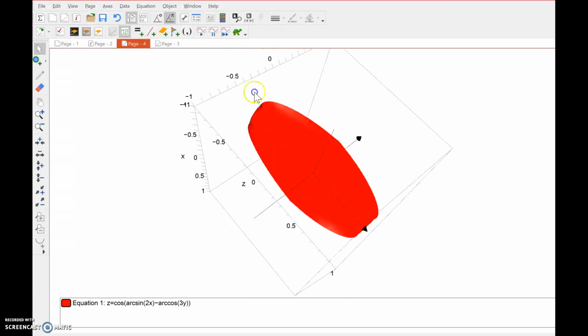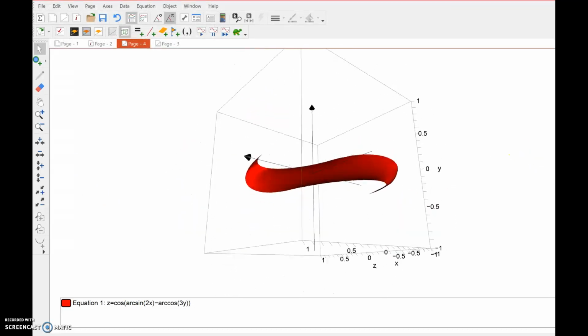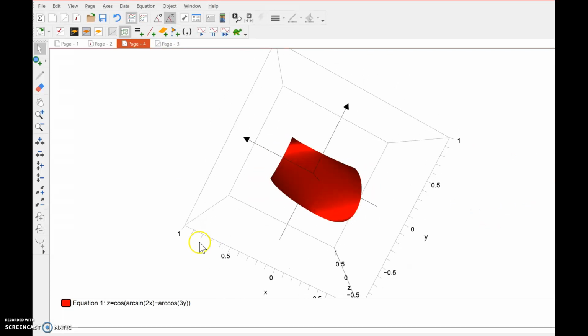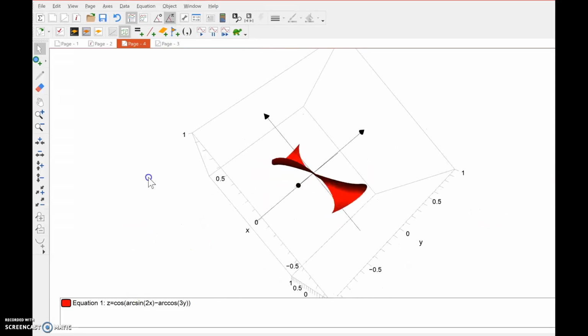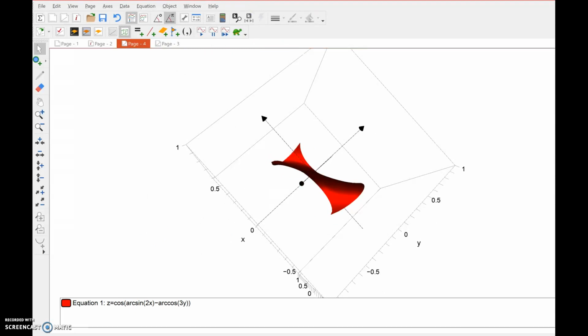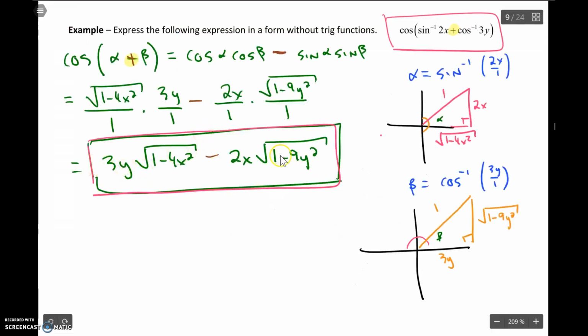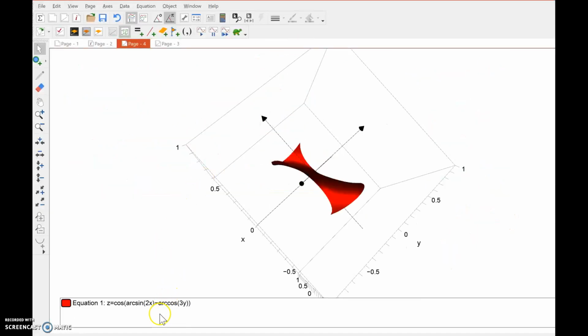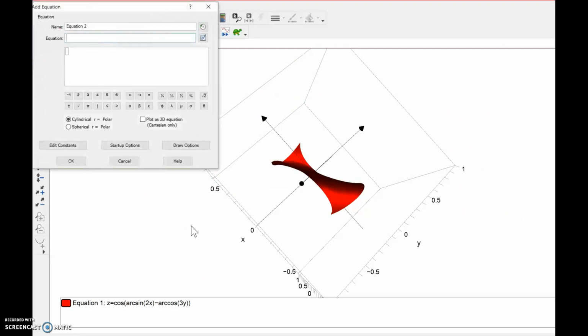It's kind of weird, kind of cool. It's curvy, right? And then when I graph this other expression, z equals this, I should get the exact same curve. That tells me that it's the same for all combinations of x and y.